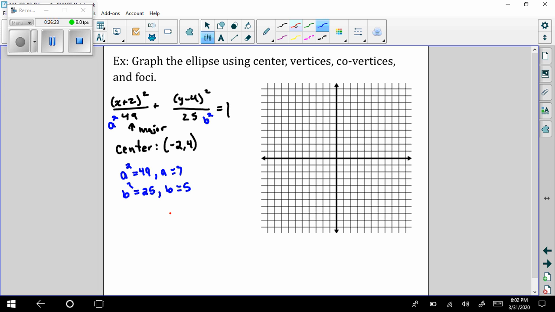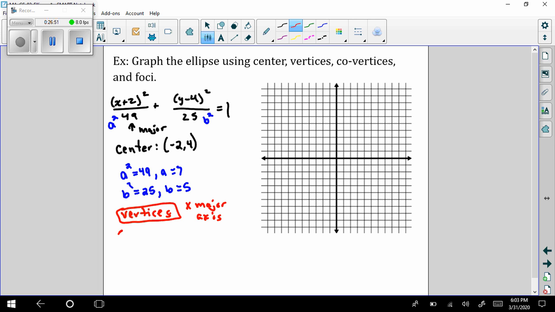Okay, so vertices. Vertices lie on the major axis, which in this case is my x-axis. So this will be affecting my h value.